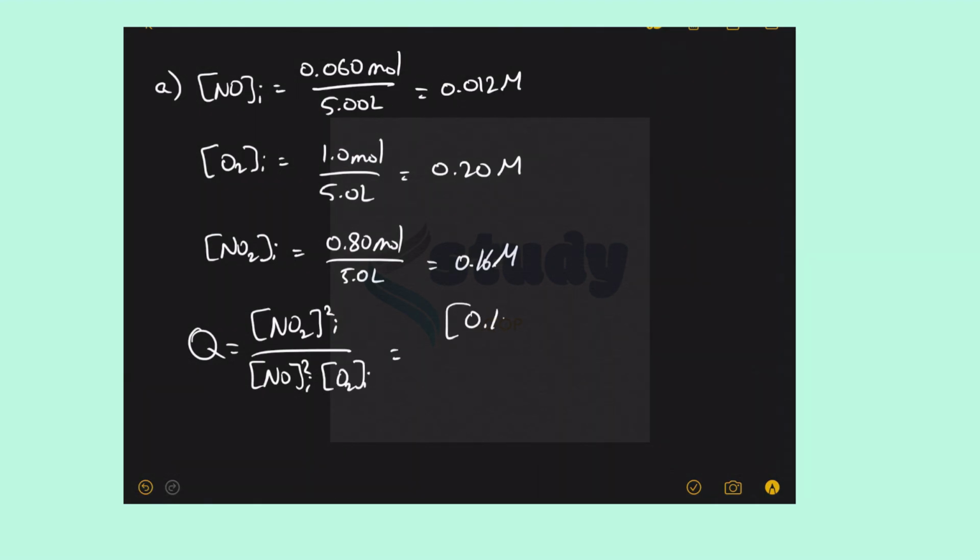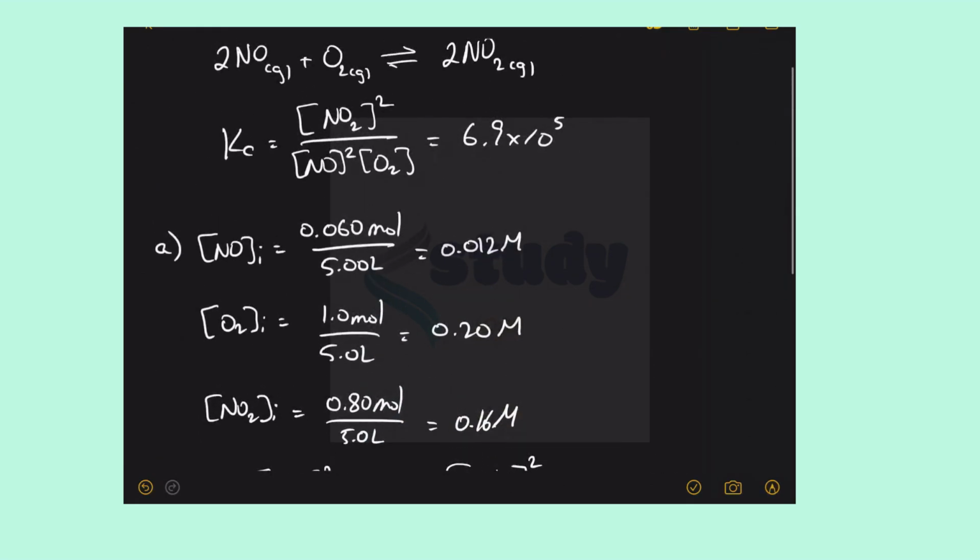Let's plug them in, leaving out units: 0.16 over 0.012 squared times 0.20, and we can solve here and we'll get 800, and to two significant figures, 890.